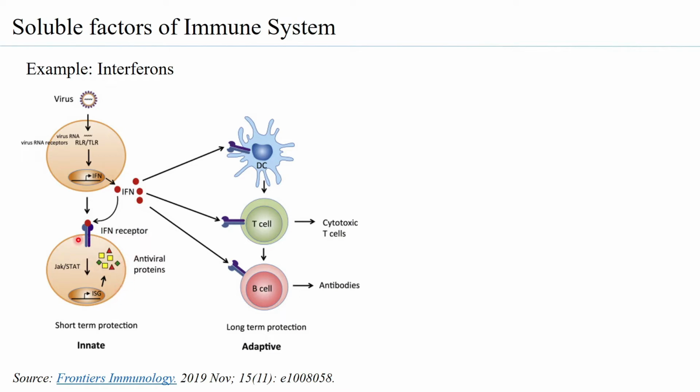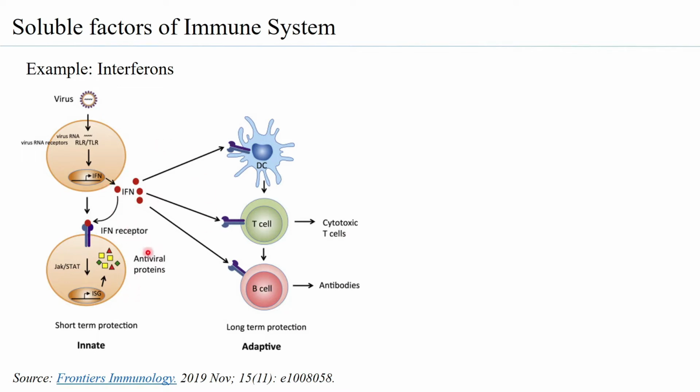That is because the neighboring cells which have been activated by interferon are able to produce antiviral proteins, and because of the presence of these antiviral proteins, virus replication is halted. With no replication of virus, you cannot have packaging, and then the population of viruses will decrease.